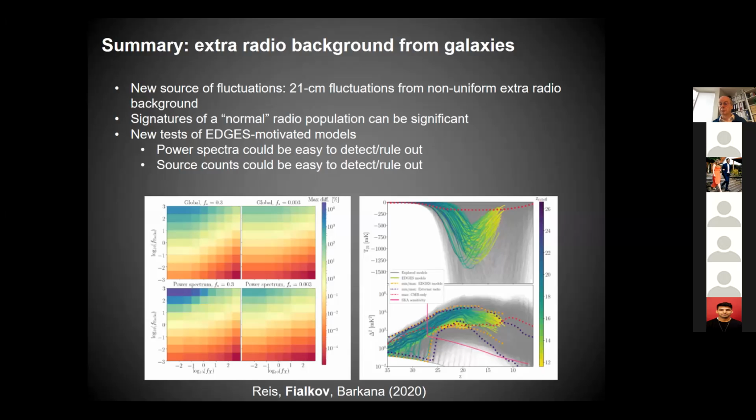And this type of model provides new signals through power spectra and also direct counts of radio sources. Thank you very much for your attention.